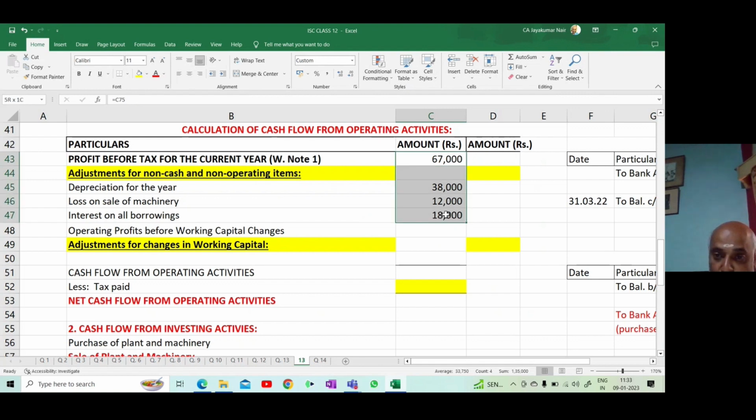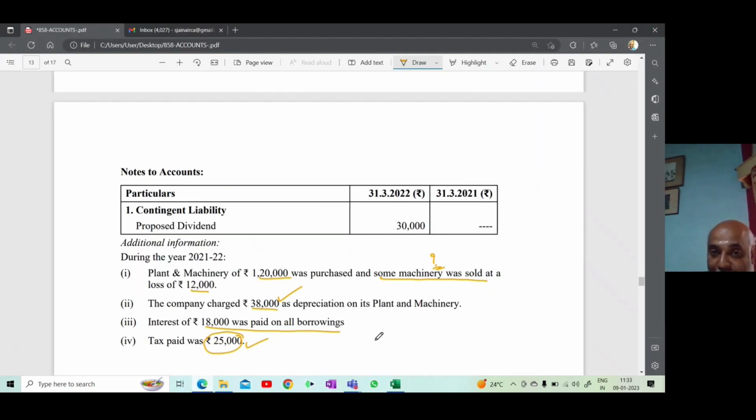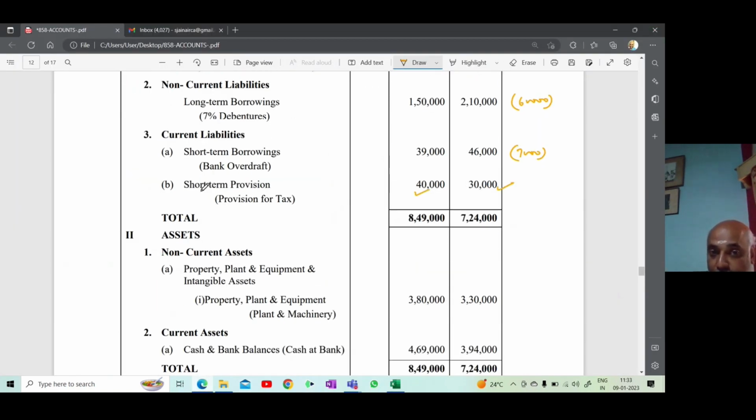So when you add it up, you get the operating profit before changes in working capital. Remember, in this sum, you don't have any changes in working capital. Current assets and current liabilities, you don't have any changes because short-term provision, though it is a current liability, you have opened a ledger account, therefore it should not come in under this.